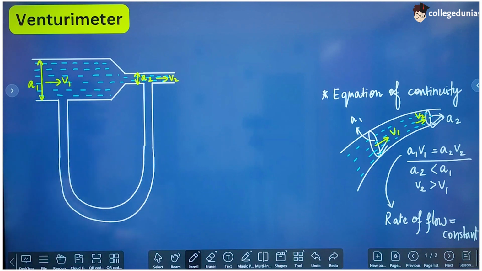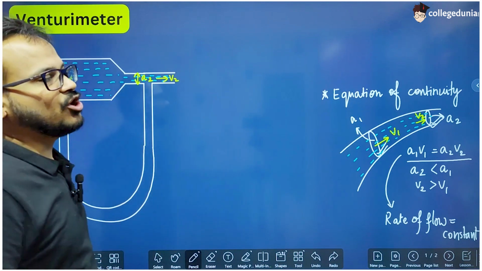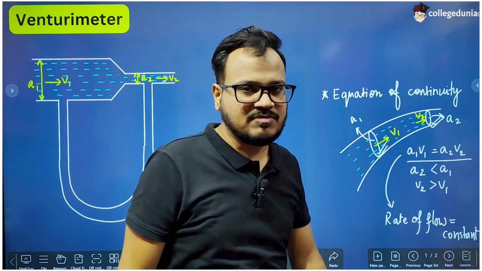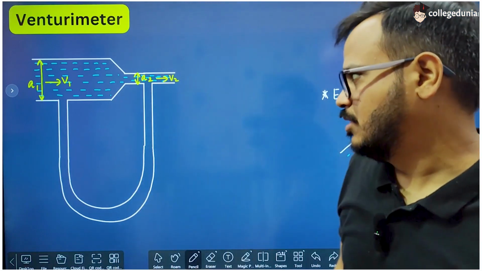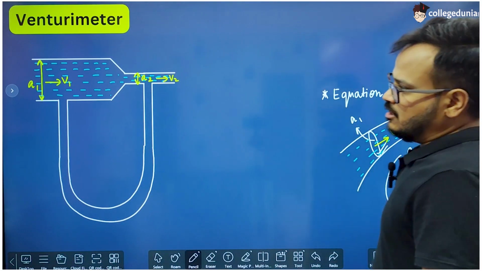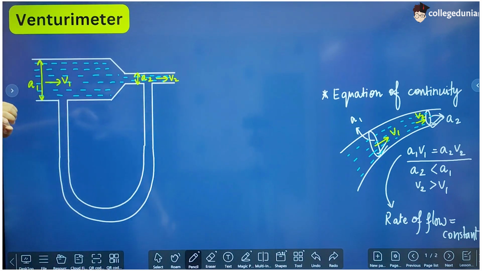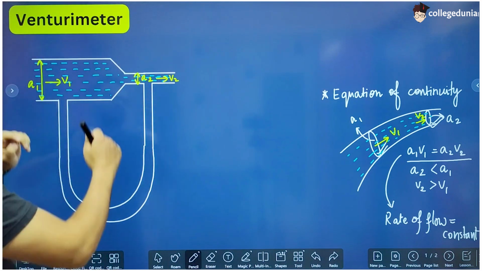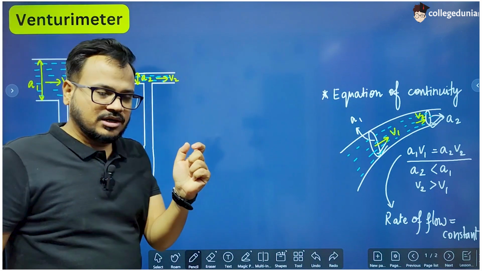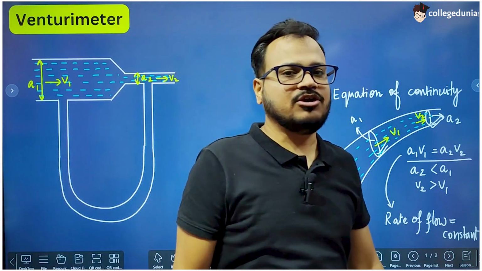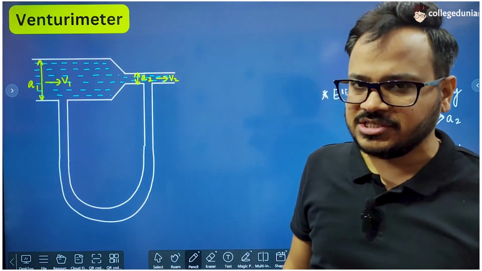Now there is a third equation which is used to explain the working of Venturimeter, and that is a very famous equation which is called Bernoulli's theorem, right? If we say that this tube is horizontal, then obviously when the liquid is moving from this part to that part, the potential energy of the liquid is not changing because there is no change in height.